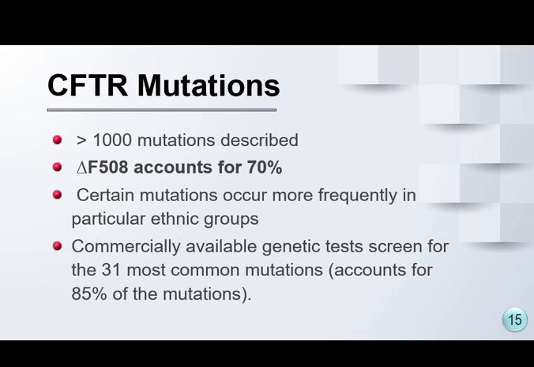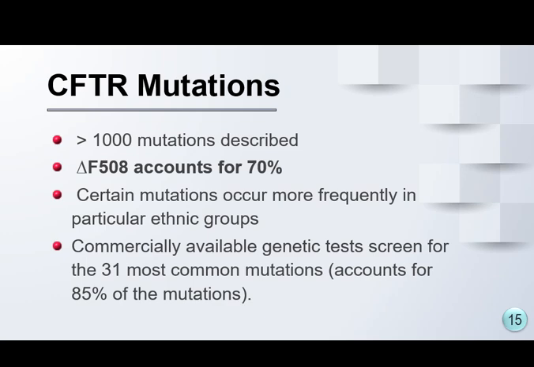Certain mutations occur more frequently in particular ethnic groups, but if the effect of the mutation does not cause a huge problem for your normal physiological condition, you will not think that's a mutation, right? You will not think you have a cystic fibrosis problem.